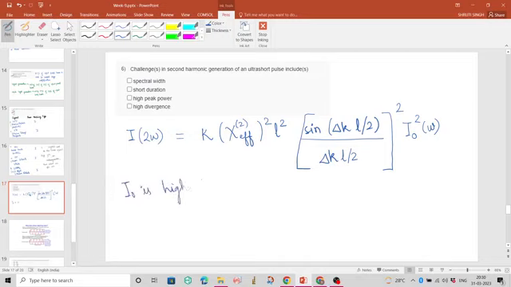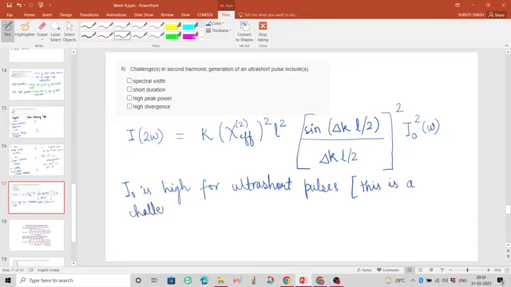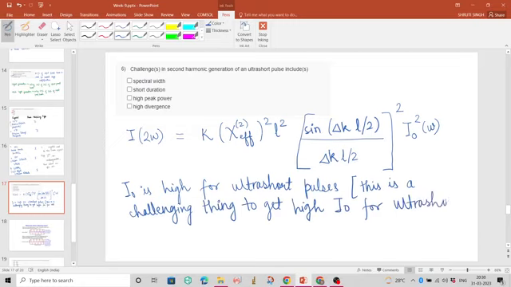I naught is high for ultra short pulses, but this is a challenging thing, to get high I naught for the ultra short pulse. First thing is this one.